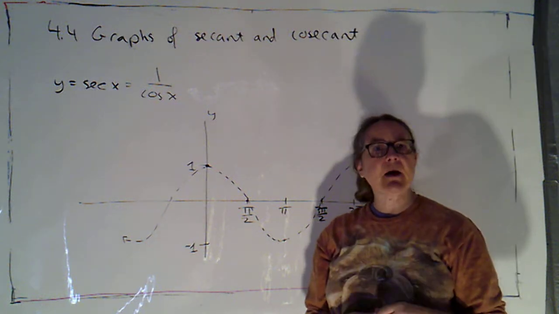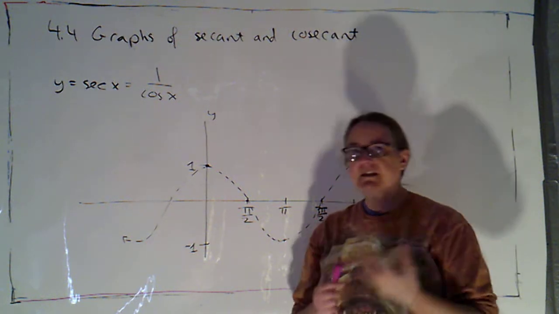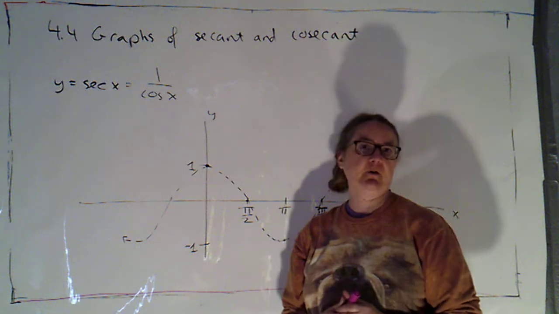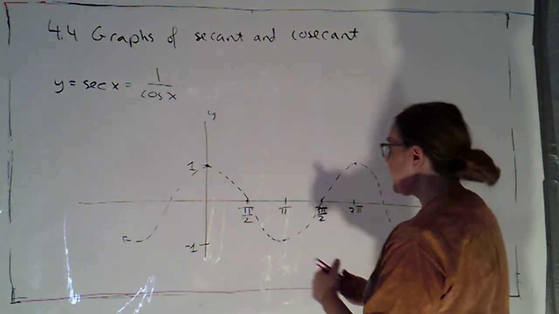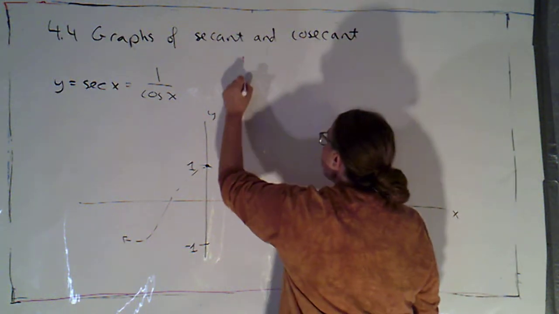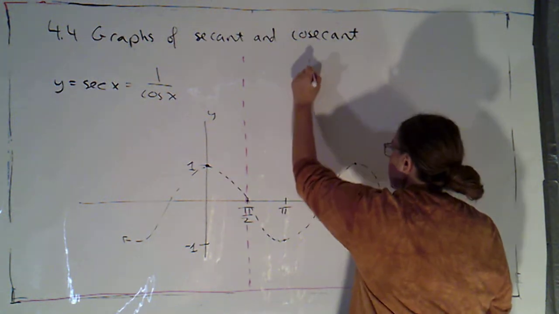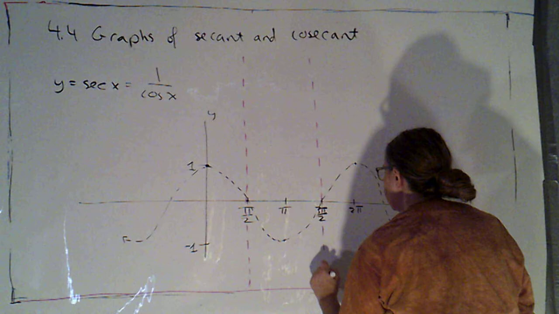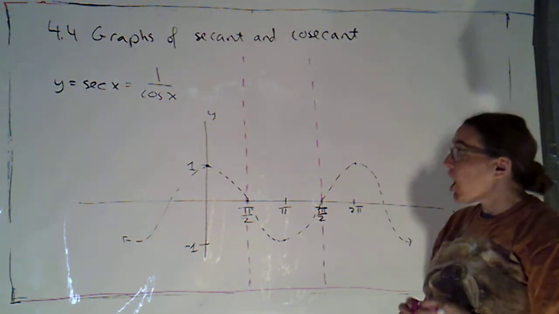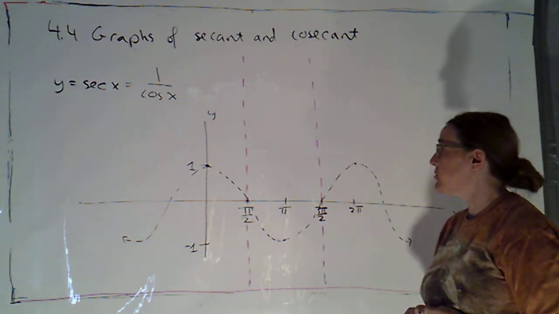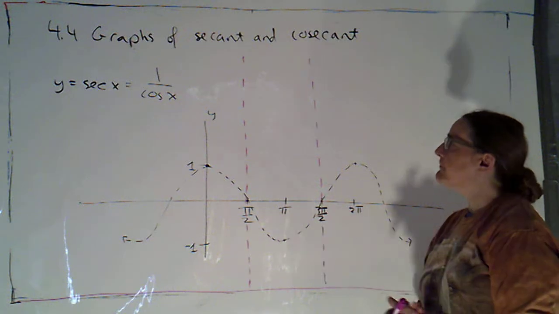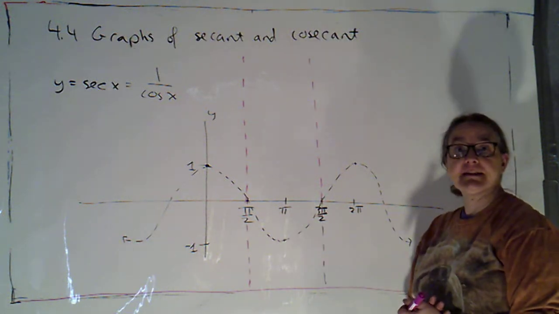Think about dividing by 1/1,000,000th. That's equivalent to multiplying by 1 billion. So when things get really big, we're going to have vertical asymptotes. At all of these places where cosine is 0, which are odd multiples of pi over 2, we're going to have a vertical asymptote for the graph of secant.